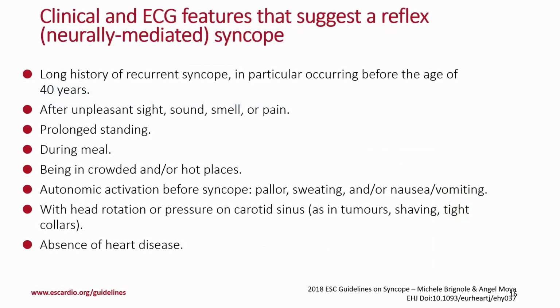Of course, in many cases, history in its evaluation is unable to establish a diagnosis, and the diagnosis still remains unexplained. For example, there are clinical factors that suggest a reflex, but are not strong enough to establish a diagnosis: a long history of recurrent syncope, after unpleasant sight, sound, smell, or pain, prolonged standing, and so on.